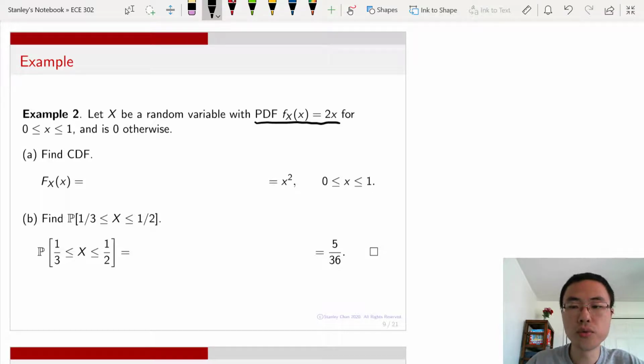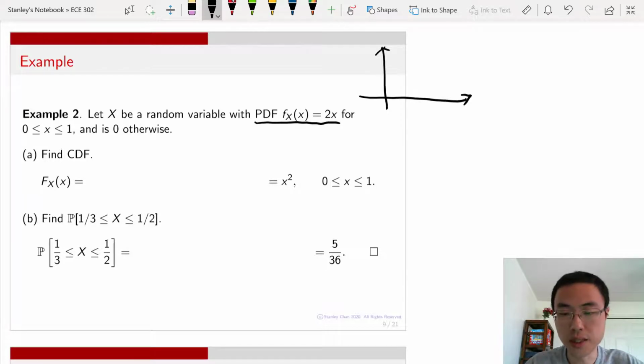Before you work on a problem like this, you should try to draw the picture of the PDF and CDF. This is a very simple PDF where the range of x goes from 0 to 1. We know it is 0 otherwise, so for anything less than 0 or bigger than 1, it is just 0.